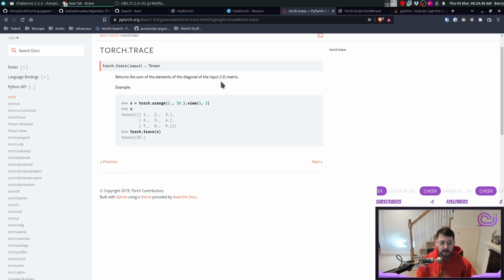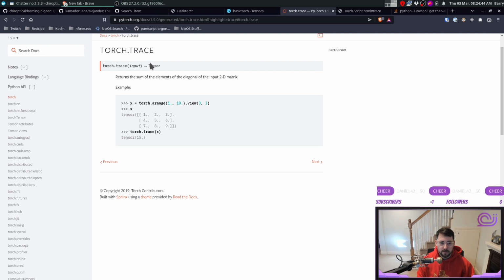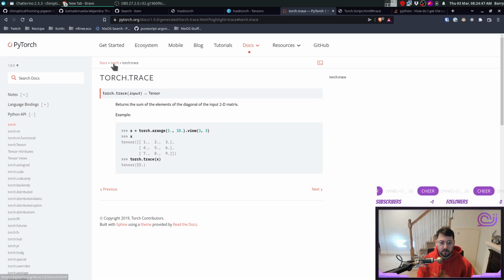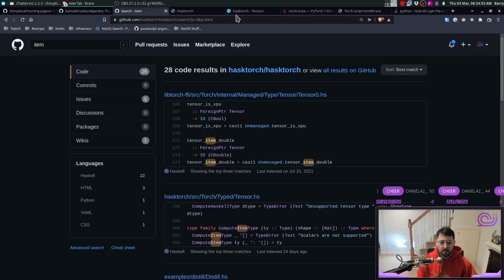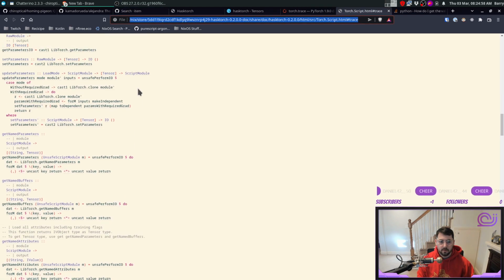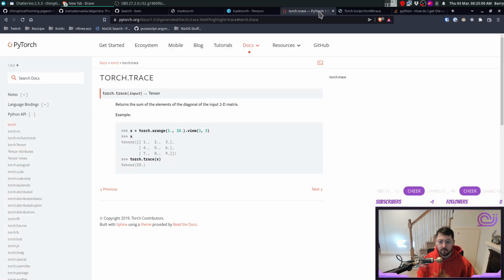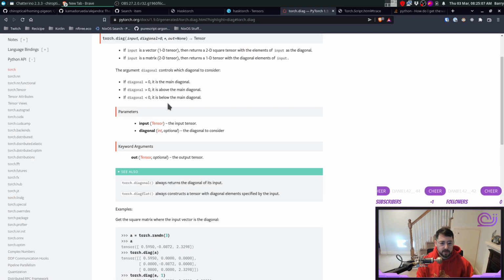Wait, what was I looking at? I thought it was this one. I don't remember what I was looking at. Oh, it's not this, it's diag. Right, sorry, I'm being a goofus. Okay, so we were looking at diag.